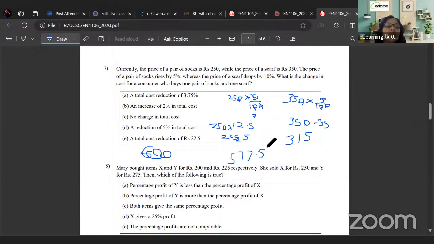The total cost reduction is 22.5. Is it true? Yeah, that's true.